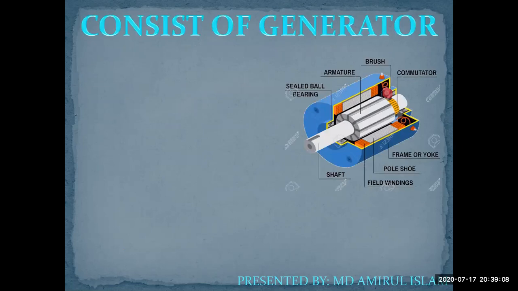The generator consists of, as we can see in the figure: brush, conductor, frame or yoke, pole shoes, field winding, shaft, and armature.